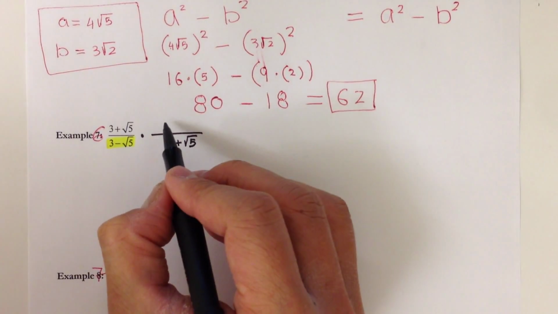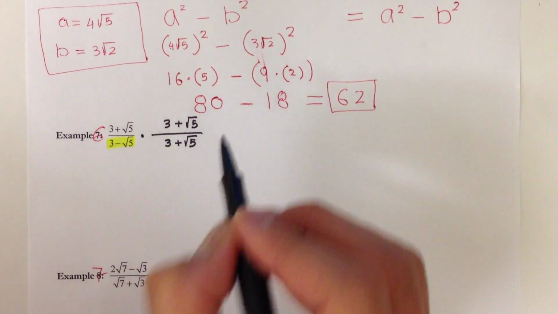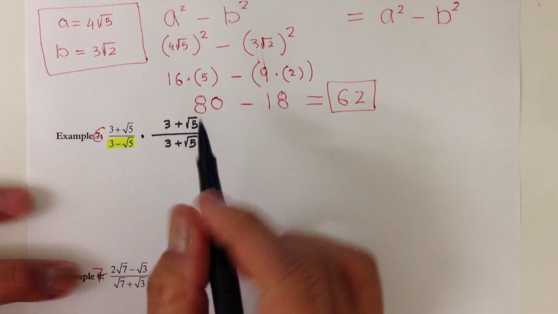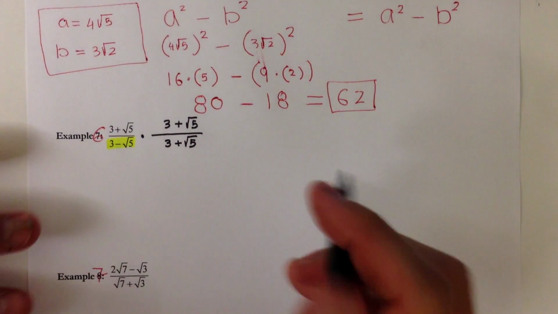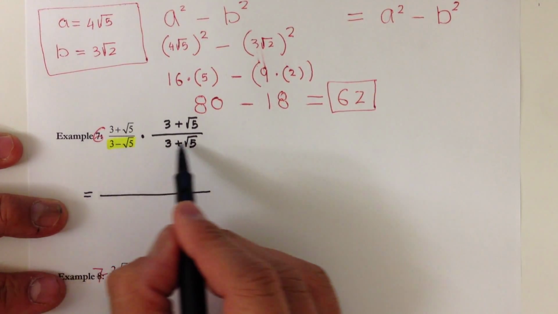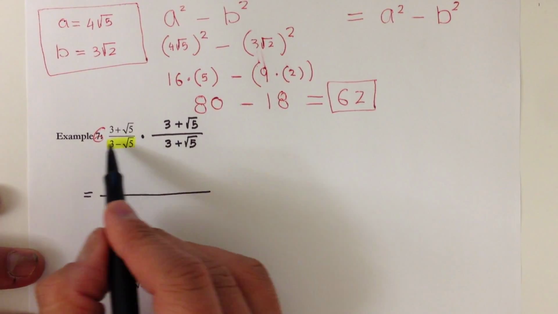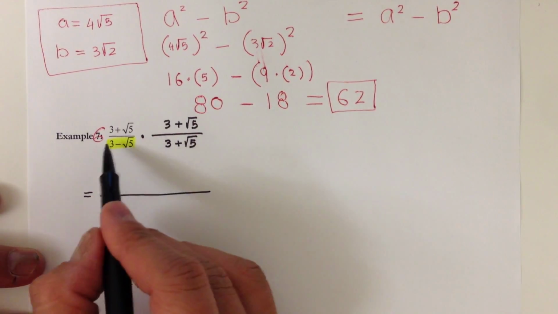We need to do that to the bottom and the top, and then we just multiply them straight through. I'm going to work with the denominator first.